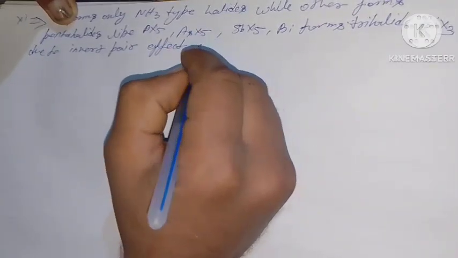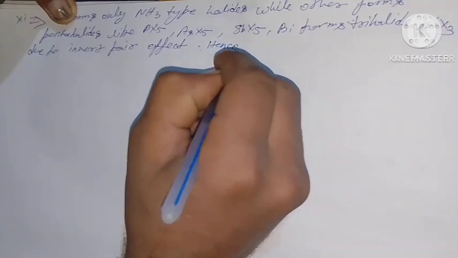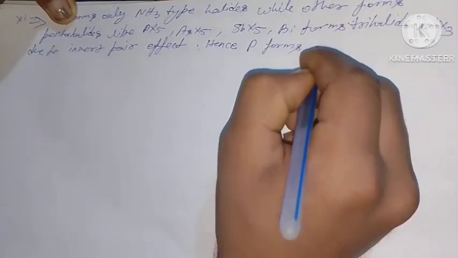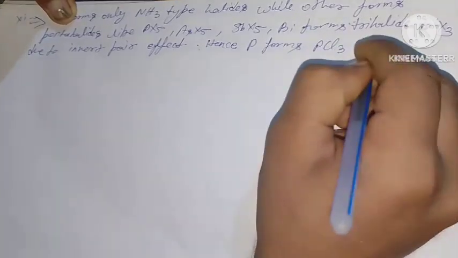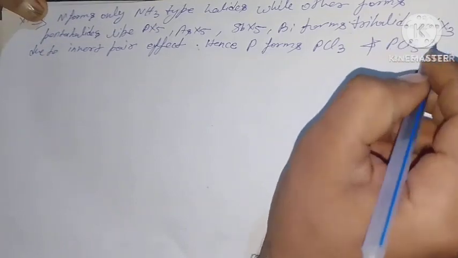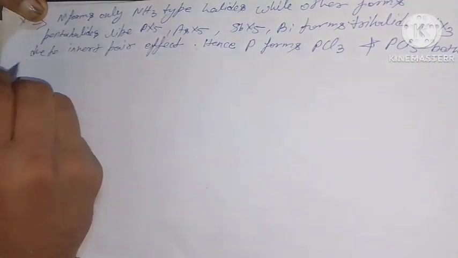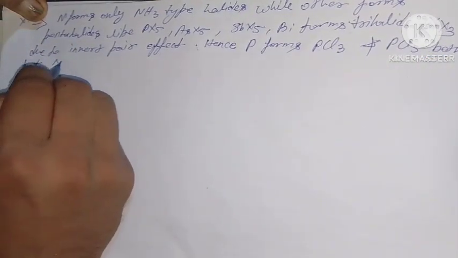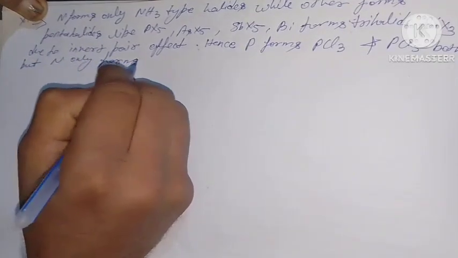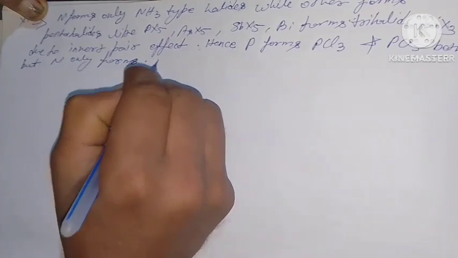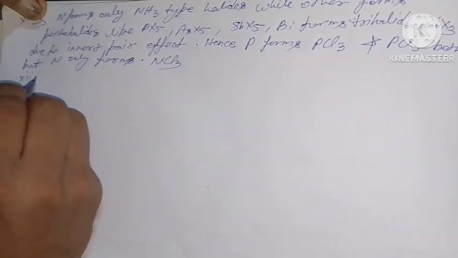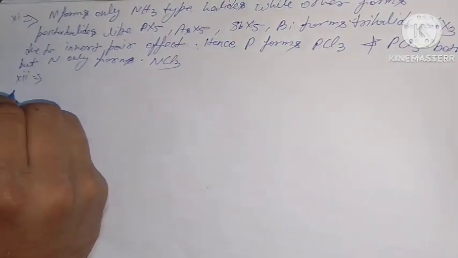Hence phosphorus forms PCl3 and PCl5 both, but nitrogen only forms NCl3.